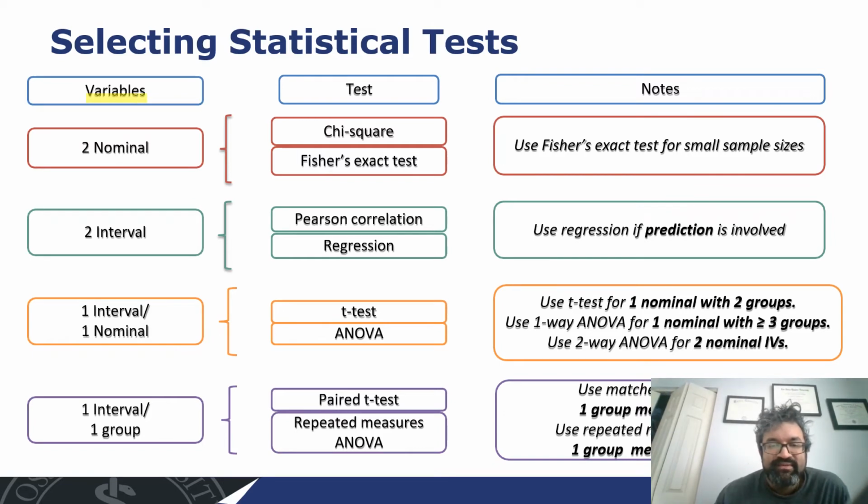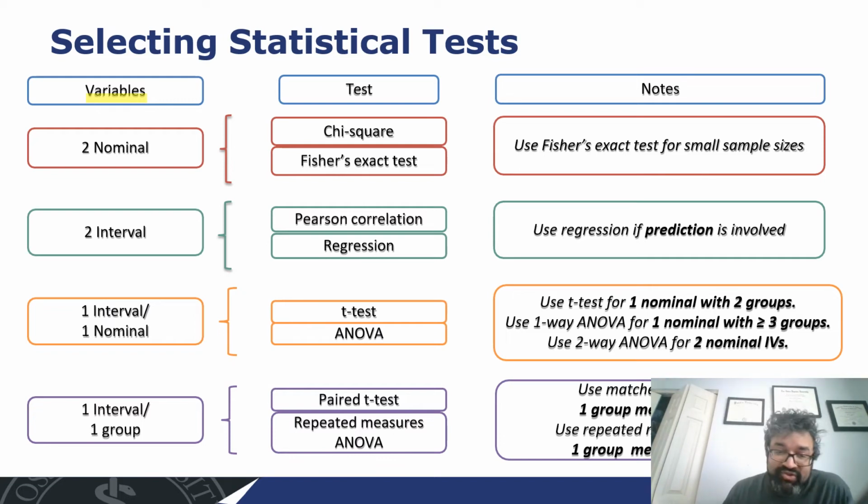When I say variables, I'm talking about what types of independent variables you have and what types of dependent variables you have, and try to jot down the level of measurement, because that is more important than the variable itself. You can provide both the name of the variable and the level of measurement.